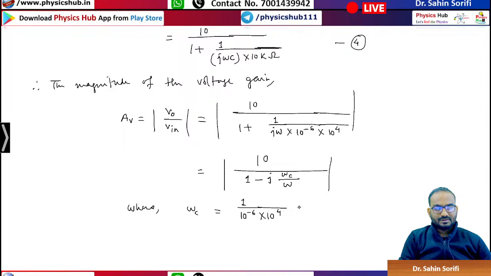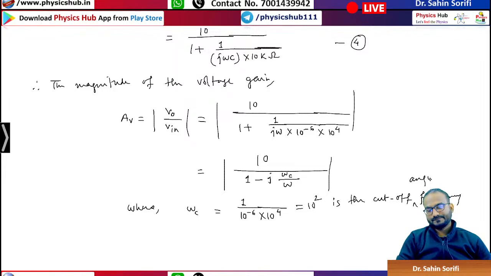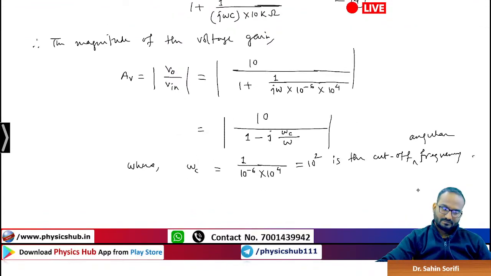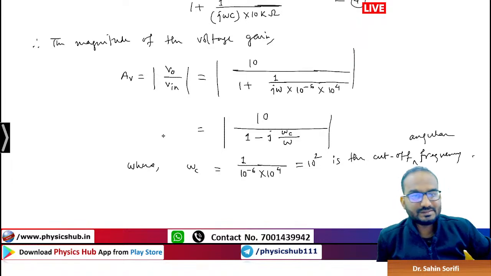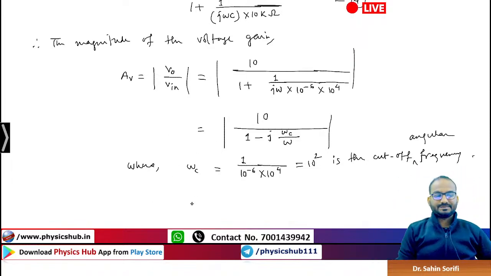That is 10 to the power 2, the cutoff frequency, angular. Now we have to decide whether it is a low pass filter or a high pass filter.